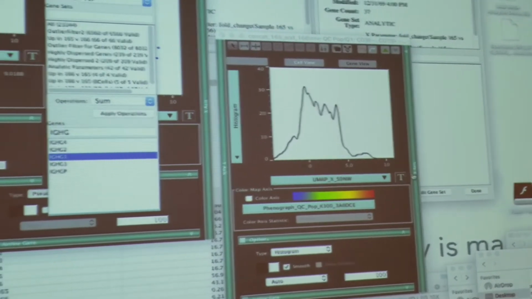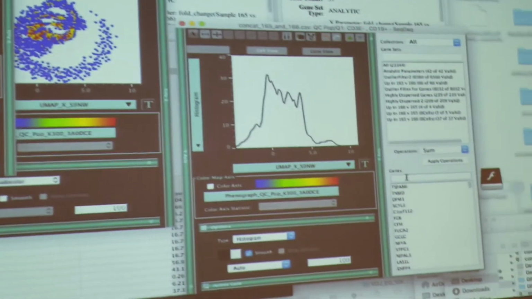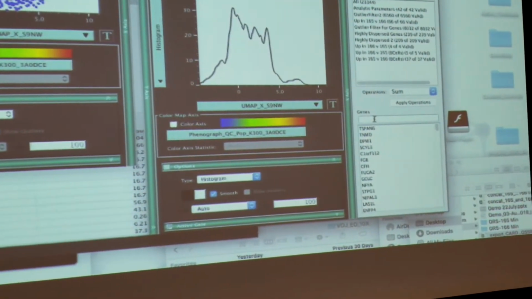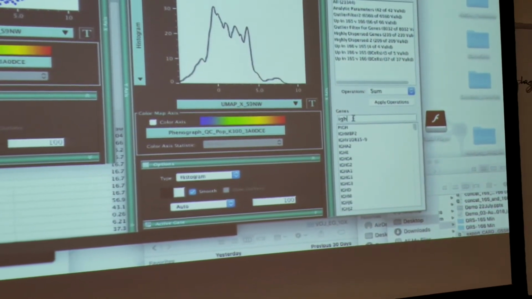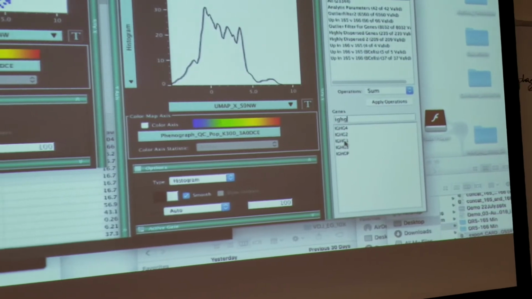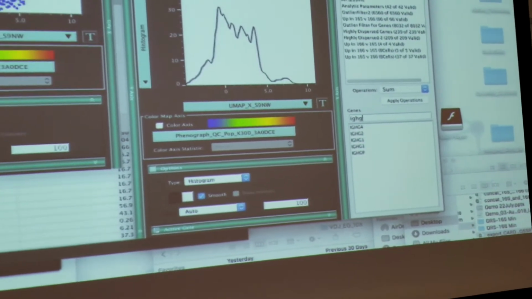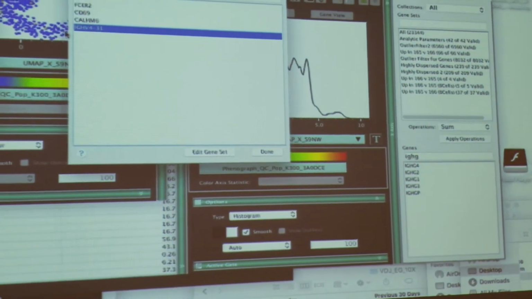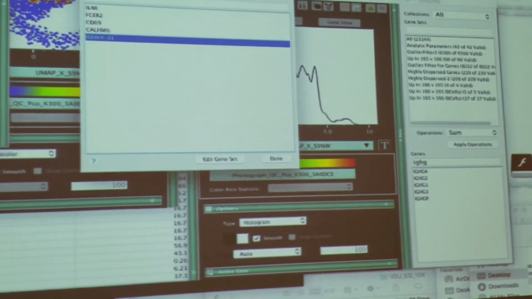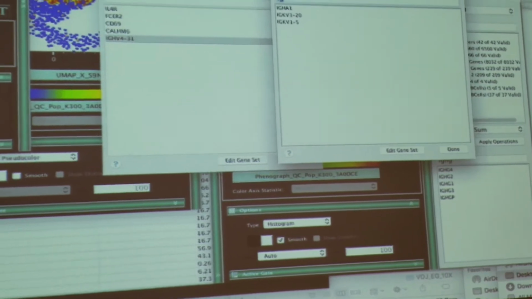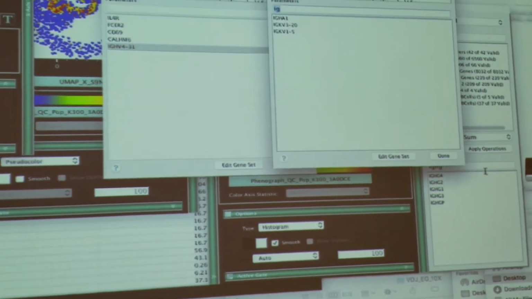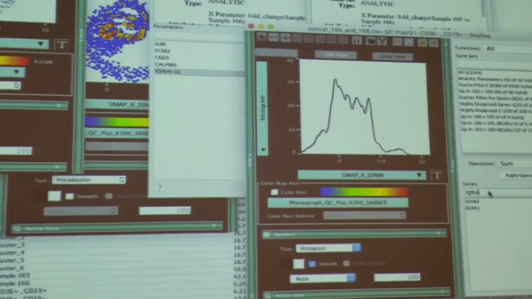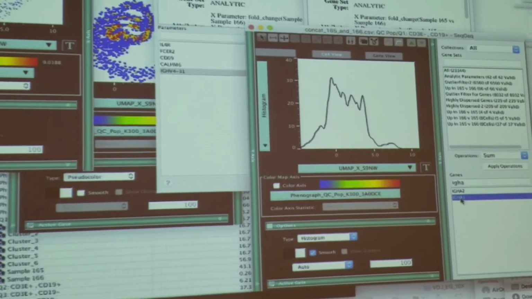Doesn't seem to distinguish really anything near the clusters. Make sure it wasn't that. The one you found was not. Oh, this one, with the other group, the other one that was high. Oh yeah, there it is. IGHA1, whatever that is.